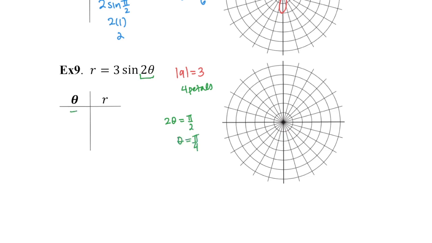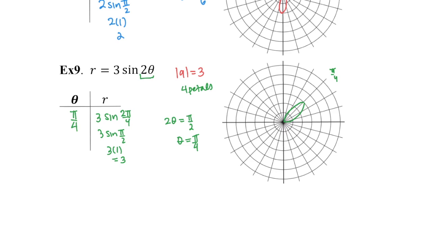Okay, I'm going to show my work to show that this does in fact work. 3 times the sine of 2 times pi over 4 is 3 times the sine of pi over 2, which is 3 times 1, which is 3. So at pi over 4, which is right here for me, 1, 2, 3. I have a petal of length 3. Okay, because there's a total of 4 petals equally spaced, I need to figure out how this is going to work.